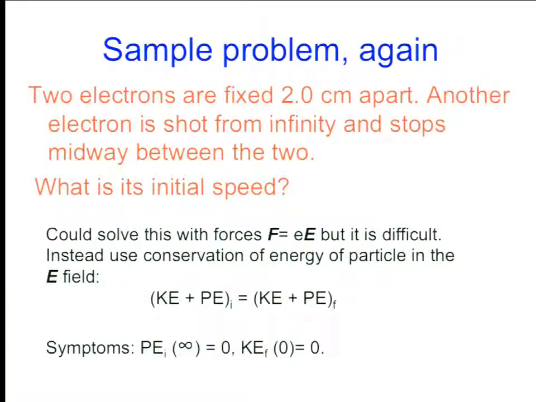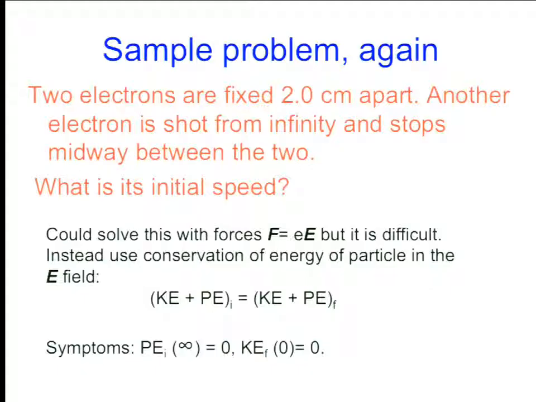Now that would be a very hard problem to do with Coulomb, with forces, because as you're moving in, your force is changing in magnitude. You get closer, it gets bigger, and then it turns around and gets smaller, and the angle is changing and all that.